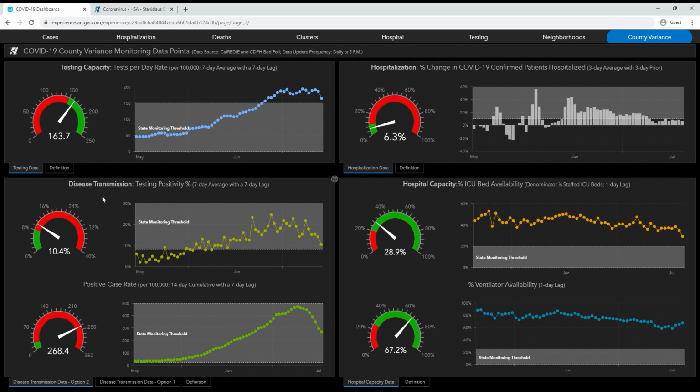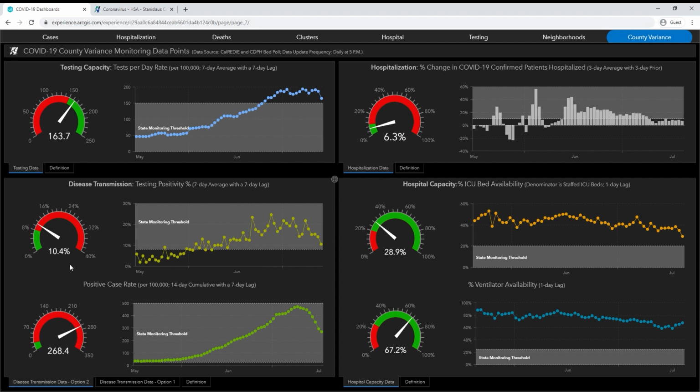The next section to look at on the county variance tab is disease transmission. This section overviews if we have elevated disease transmission within Stanislaus County based on the state monitoring thresholds. There are two ways we can look at this. The first way looks at testing positivity, which, according to the state monitoring threshold, if we are above 8% of testing positivity, in addition to having more than 25 cases per 100,000 people as part of a 14-day cumulative, we are considered at elevated disease transmission.